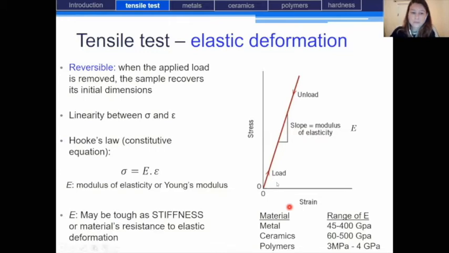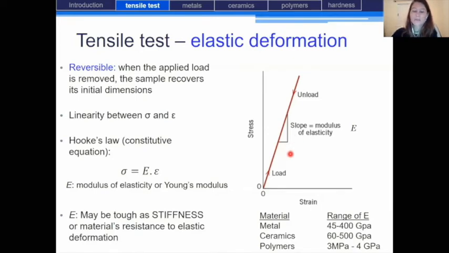And so this equation introduces this modulus E, which is a modulus of elasticity that we also call Young modulus. So in fact, when we use this curve, this elastic modulus is the slope of the curve, and so we can easily calculate it using the experimental data.